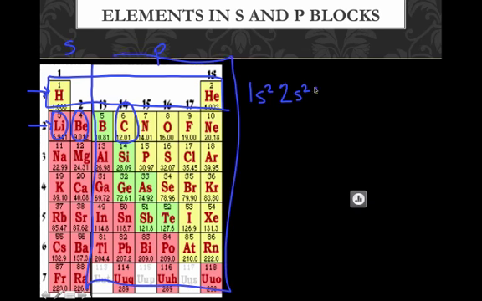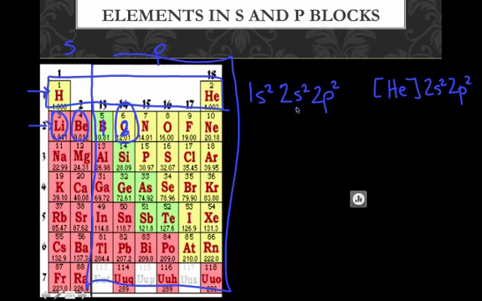I'm still in row 2, so it's 2p. And to get from this end all the way to carbon, from left to right, I have 2 steps to go. So it's 2p2. In shorthand, we could write helium and then 2s2 and 2p2. But that doesn't seem to save us a lot to use a shortcut for something as small as carbon.